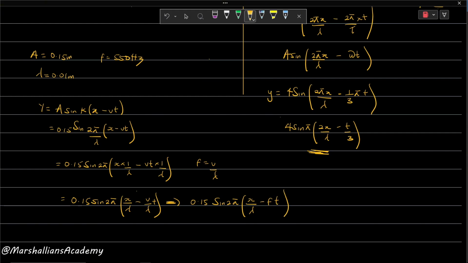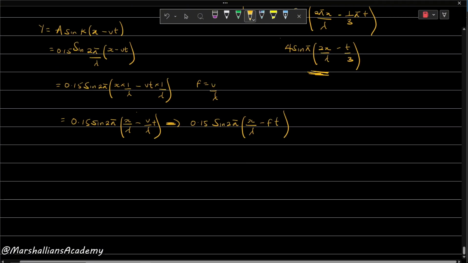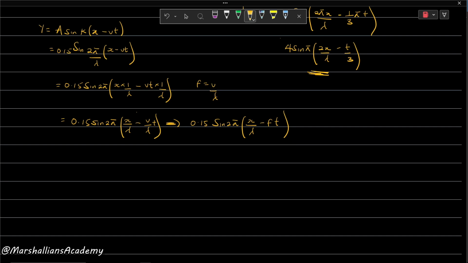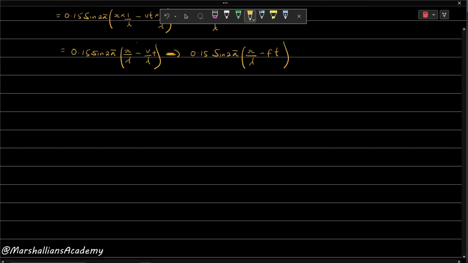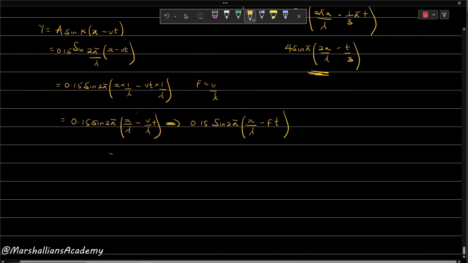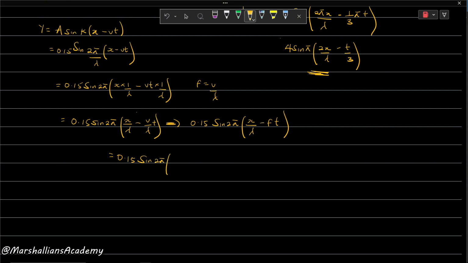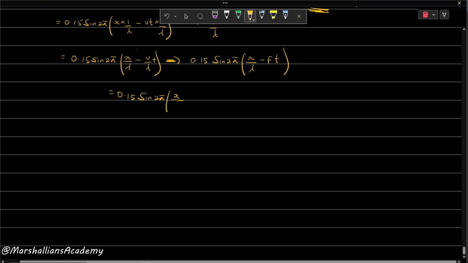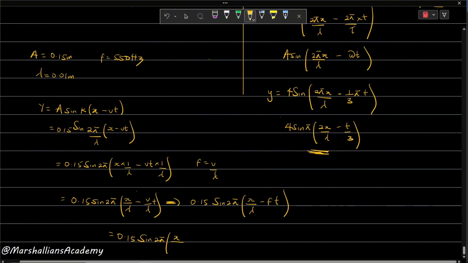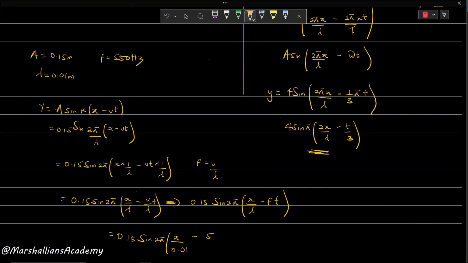Are we together? And we can start putting in the details, which is going to be 0.15 sine 2 pi into bracket x over lambda is 0.01 minus 550 t.